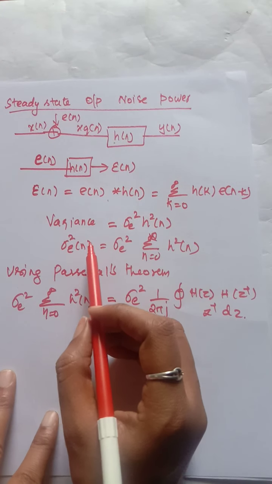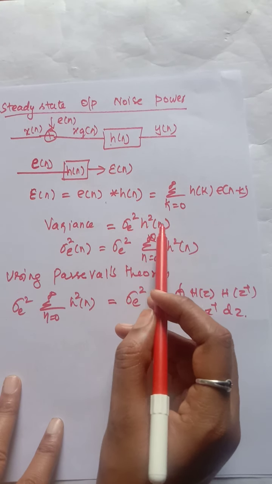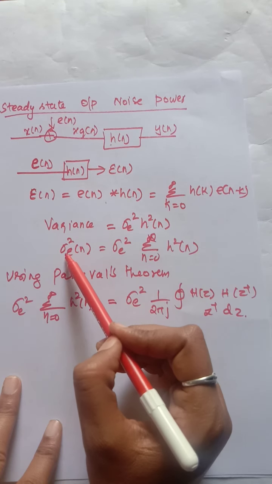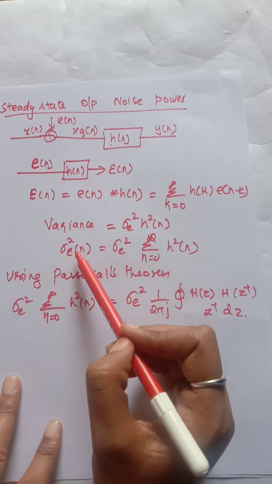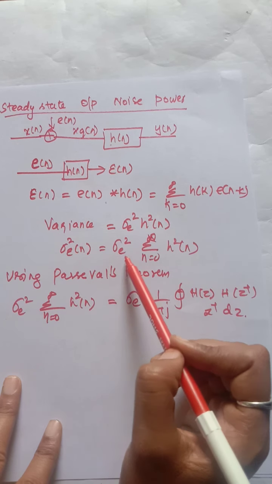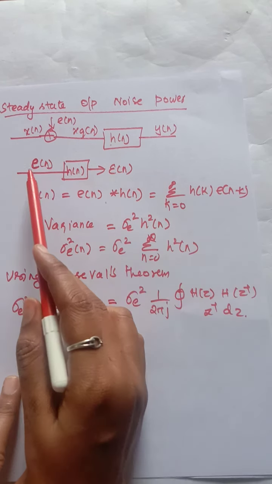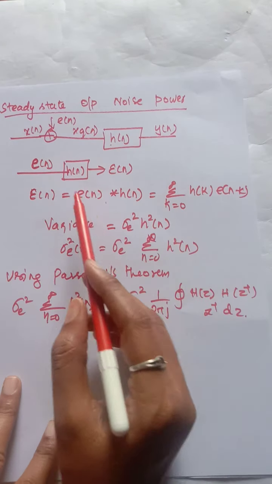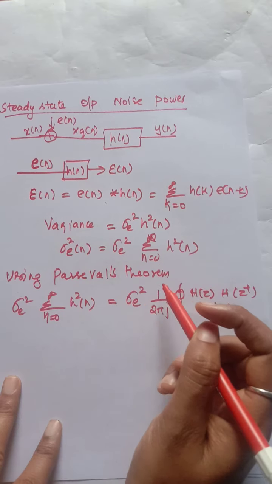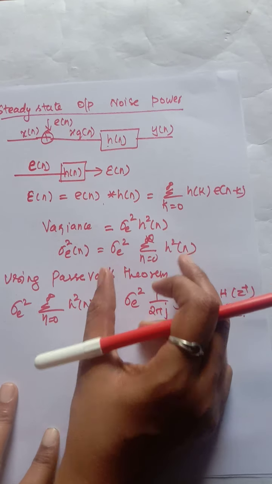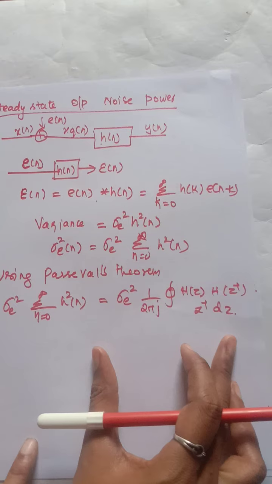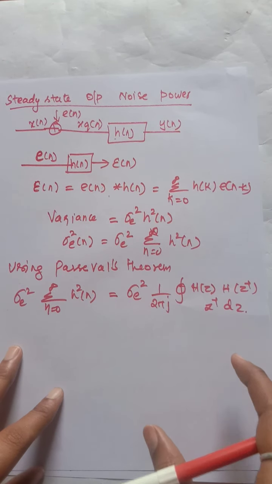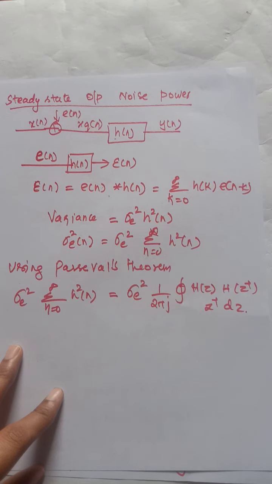The output noise power sigma squared of e of n is equal to the input noise power sigma e squared into the summation n equals 0 to infinity of h squared of n. By using Parseval's theorem, either you can use this formula or you can find it from the z domain. So this is the formula for the steady state output noise power.